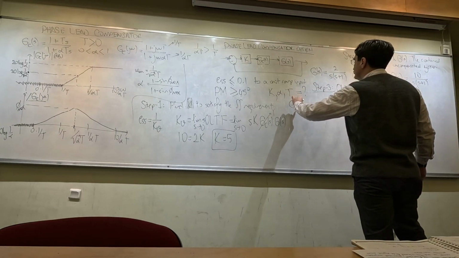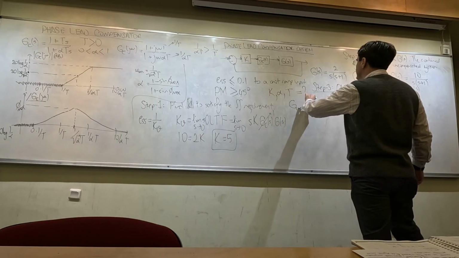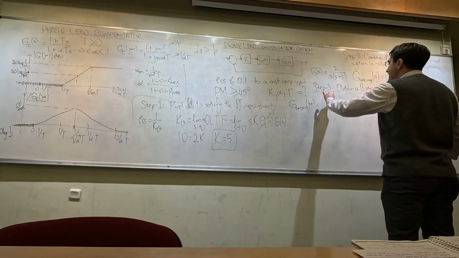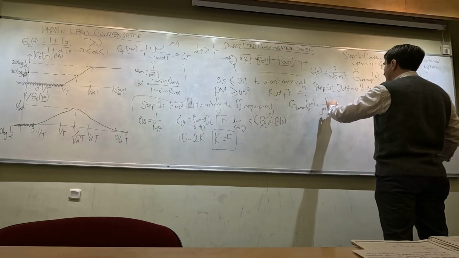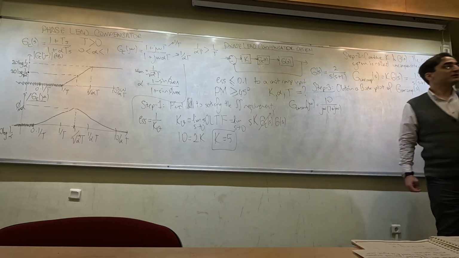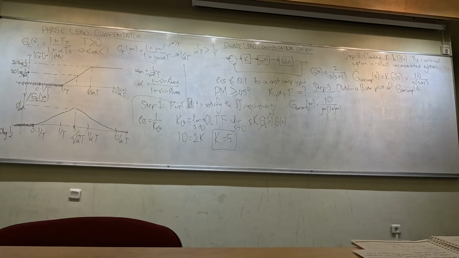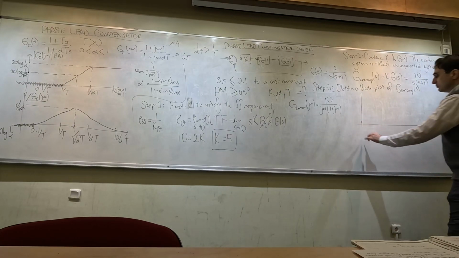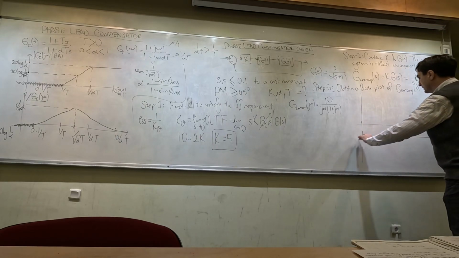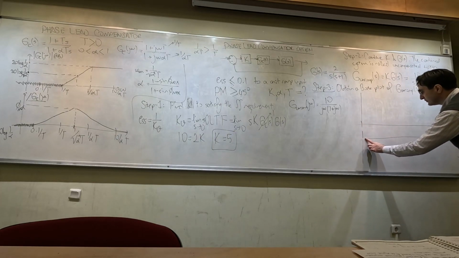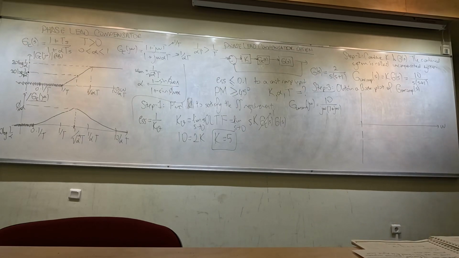So G uncompensated of j omega is equal to 10 over j omega times 1 plus j omega. The system is already in Bode form. If it is not, I will first bring it into Bode form, and then substitute S equals j omega. Now let us draw the magnitude plot. This is my omega, and for the phase, I will draw something a little bit below.